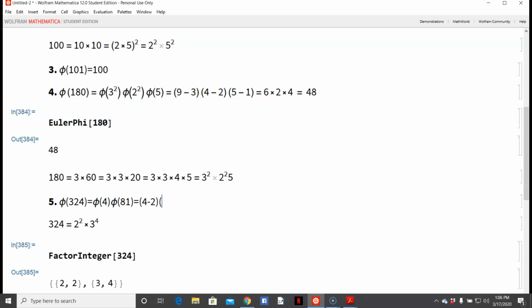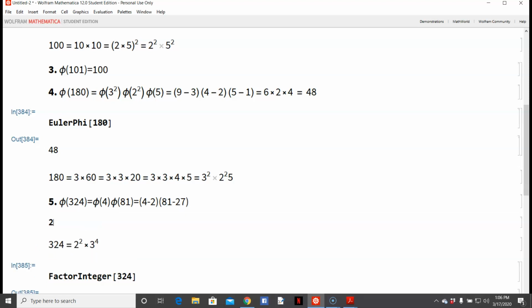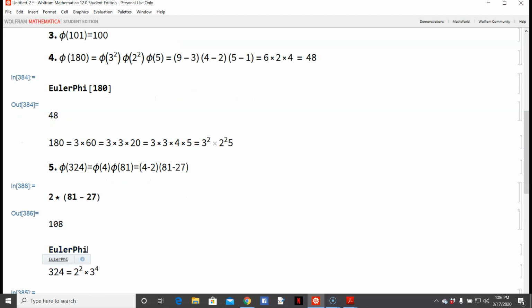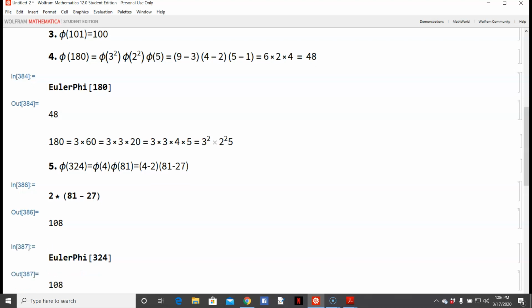And then the Euler phi of 81 is going to be 81, which is 3 to the 4th, minus 3 cubed, which is 27. I am not going to try and do that in my head. If I work that out, it's 108. And as I said, we can just double check for 108.